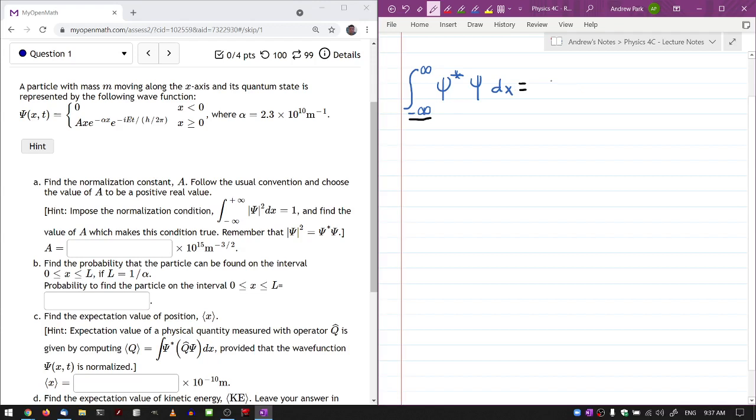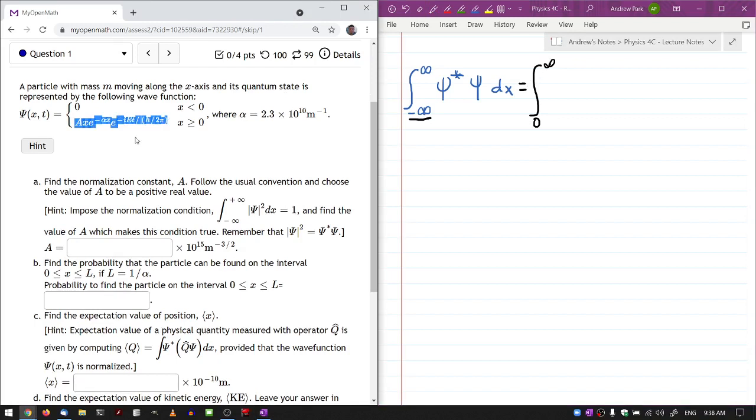The integral from negative infinity to 0 is going to vanish. It's going to be 0. So the only part that I actually have to evaluate is from 0 to infinity. As I plug in the expression of psi, you will see that this portion is real, so the complex conjugate won't do anything. And this portion is complex, but see how this works out.